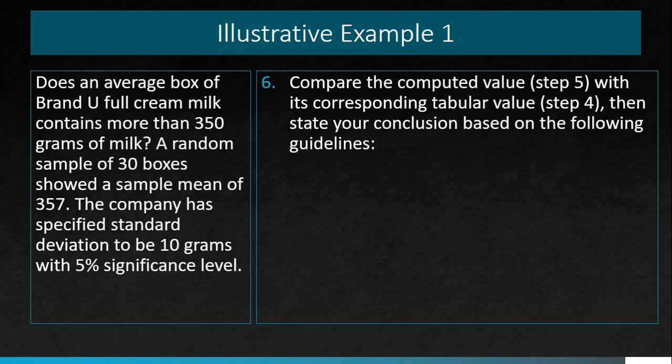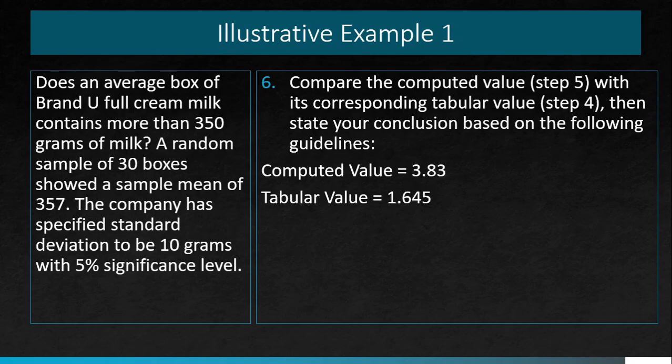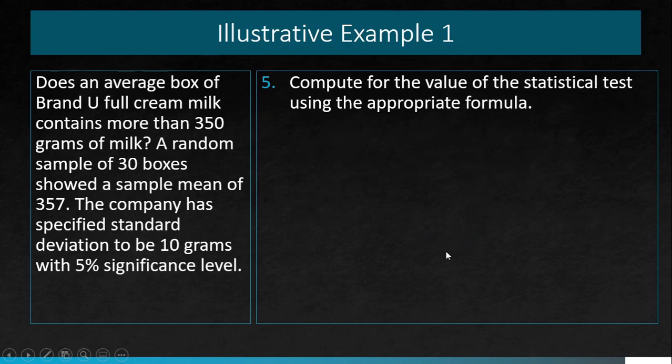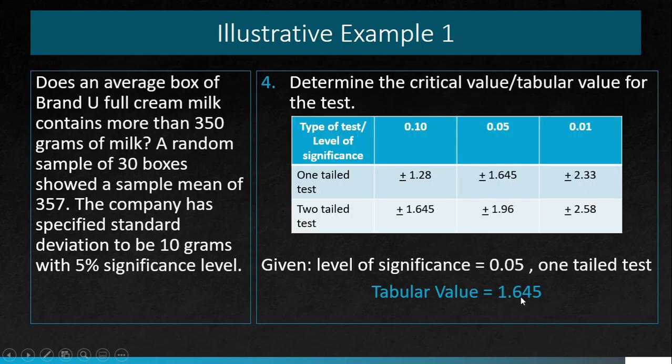So step 6, we will now compare the computed value from step 5 and the tabular value from step 4. We have a computed value of 3.83 from step 5, and a tabular value of 1.645.